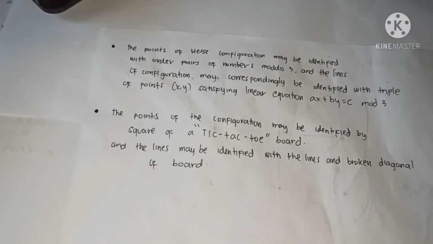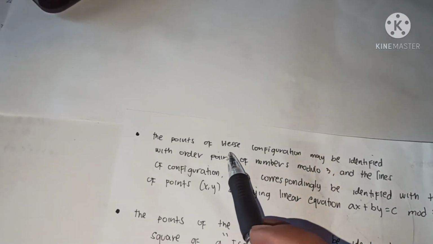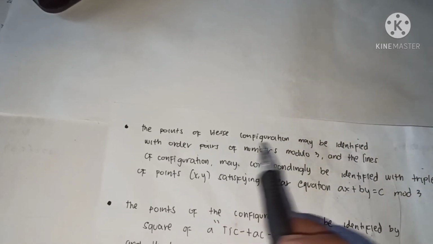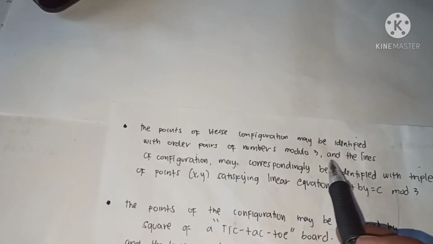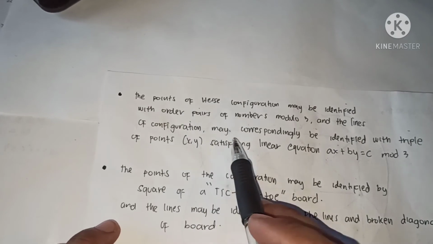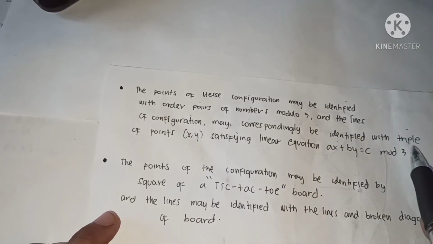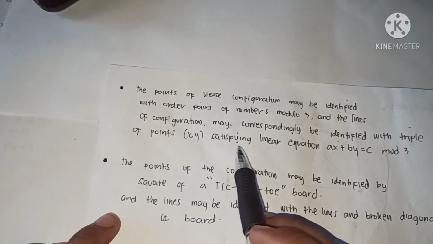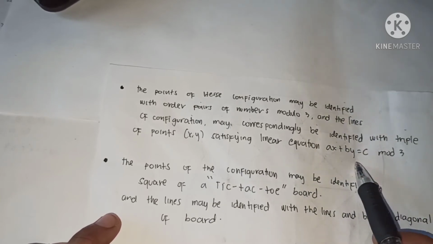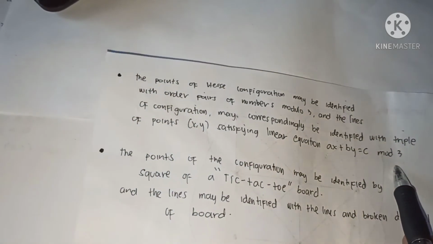Next, the points of a Hesse configuration may be identified with ordered pairs of numbers modulo 3, and the lines of the configuration may correspondingly be identified with triples of points (x, y) satisfying the linear equation ax plus by equals c mod 3.